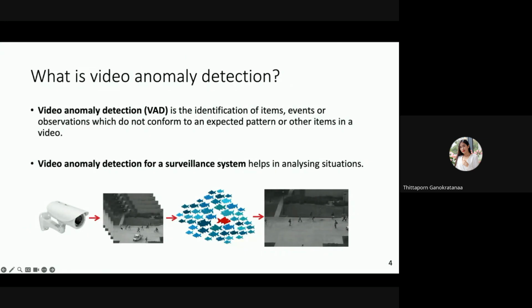Usually people just walk normally, forming a crowded scene, and then this vehicle comes through the scene. We would like to detect this vehicle as the abnormal event, since it is a different pattern from the majority patterns in the scene.